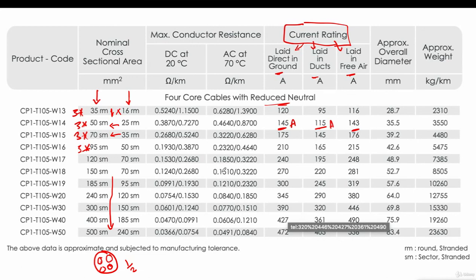And so on, as you can see. And here is the approximate overall diameter and approximate weight, and here is the resistance, and here is the nominal cross section, and for PO you have here the product code. See you in the next video.